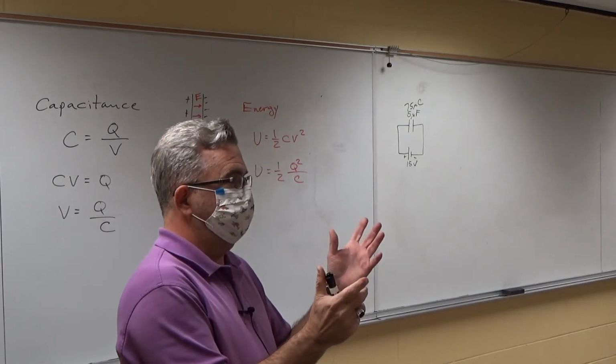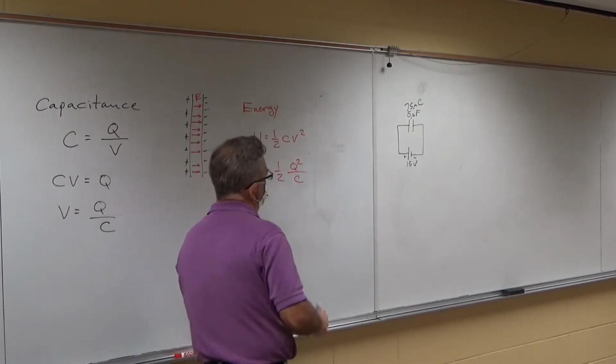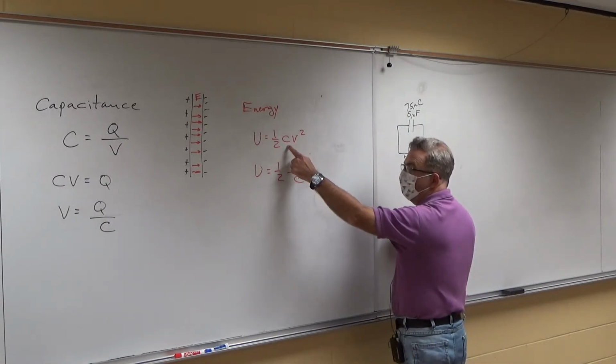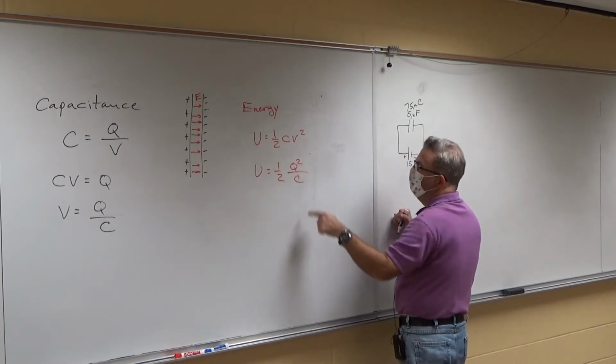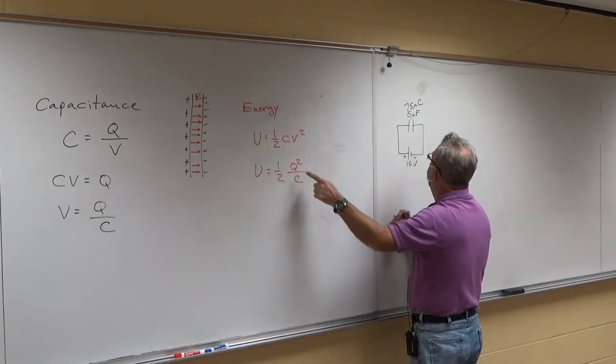How much energy is stored in the capacitor? Well, you can use either one of these. The thing you have to be careful about is make sure that you put the capacitance in farads. If you're using this one, make sure you put the charge in coulombs.